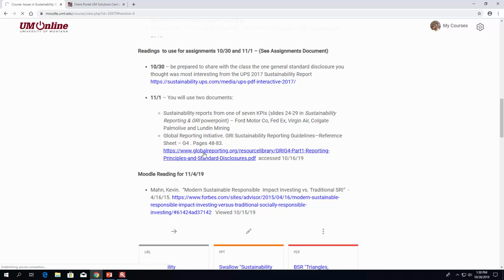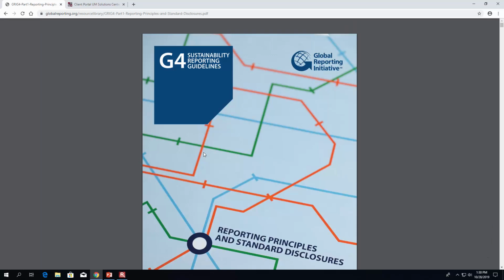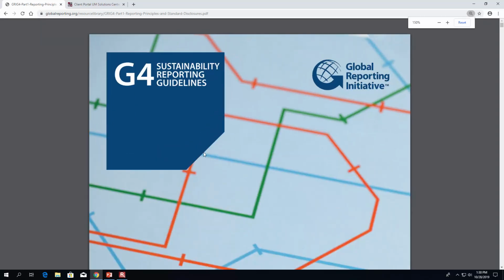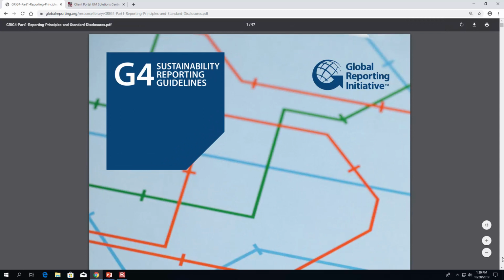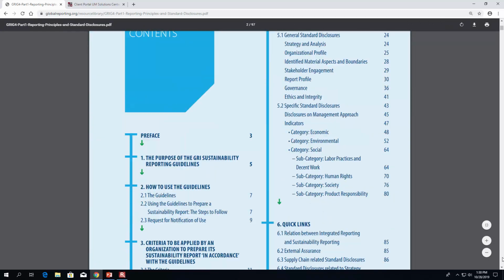So I'm going to go into here, and this is like a 90-page document. For our purposes, because we're barely getting into this, we're going to be looking at how to identify standard disclosures and specific disclosures. So let's go to page 20.